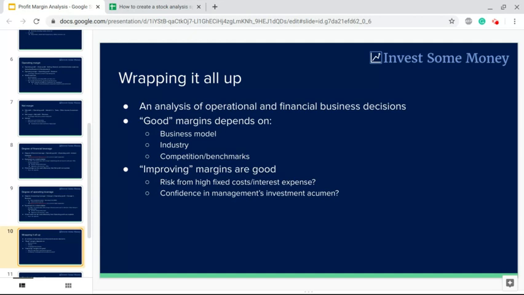what is a good margin? Maybe you've asked yourself over the course of this video, and unfortunately, the answer for that is it depends. Okay, it depends on a company's business model. This is another post that I've had on investmentsandmoney.com, and is related to Common Stocks and Uncommon Profits: business models matter.